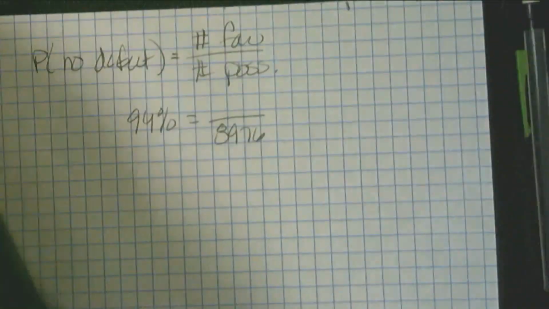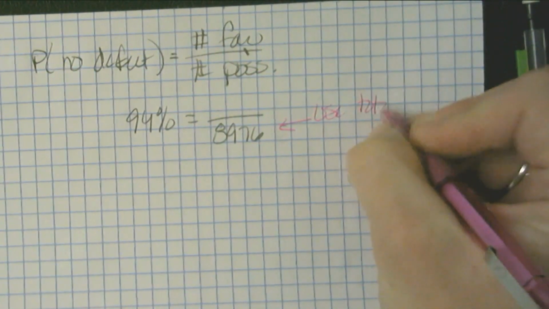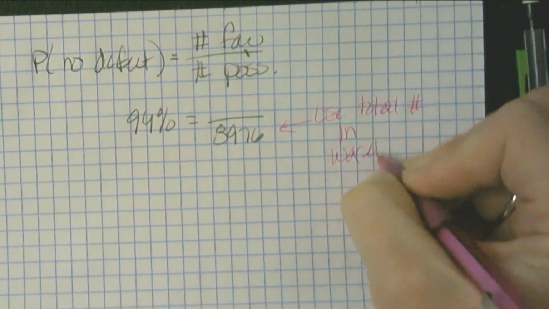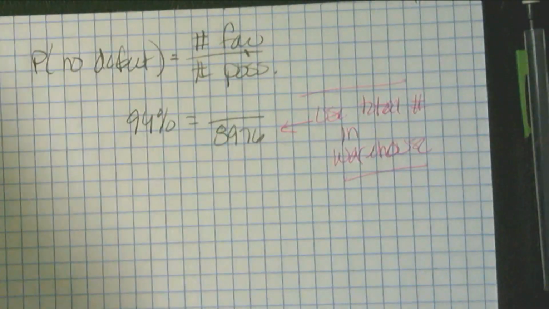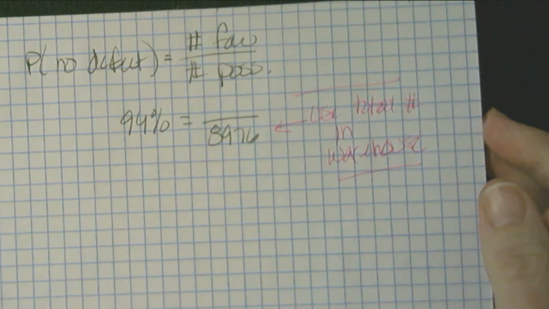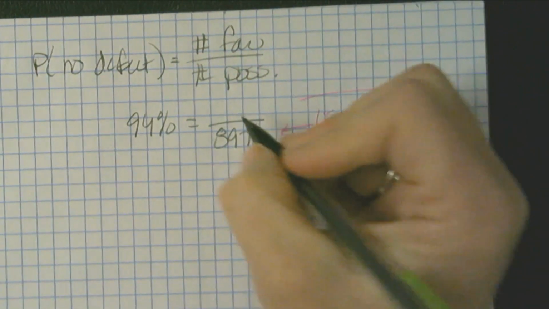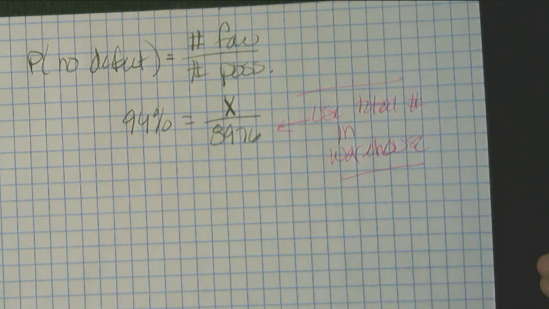Excellent. So when we're predicting, we need to use the total number in the warehouse. We used the sample set to find that probability. Now we want to know what's in the warehouse. Chris, what don't I know? I don't know my number of favorable. I'm just going to give that my x because that's what we're looking for.